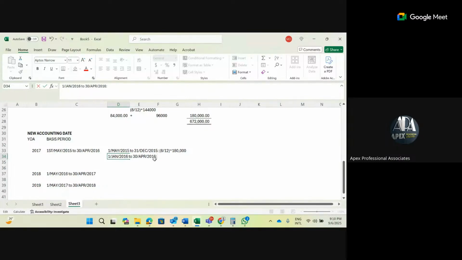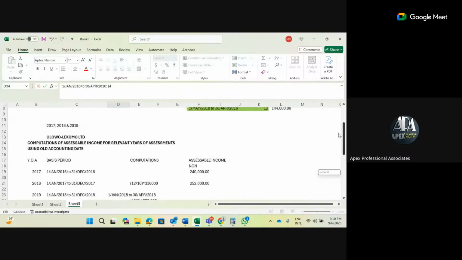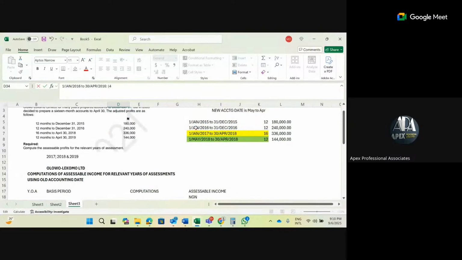And that January to April is going to give me 4 months. But where am I going to get it from? I'm going to get it from this one also of 12 months. So I'm looking for January to April from a given profit of January to December.